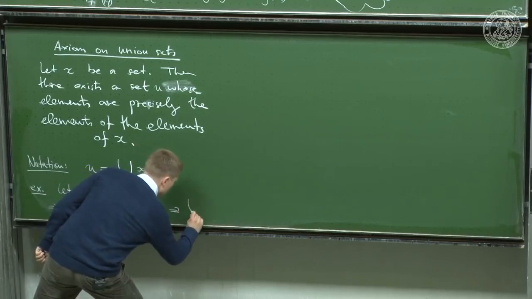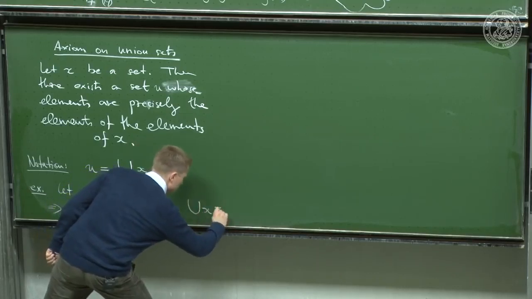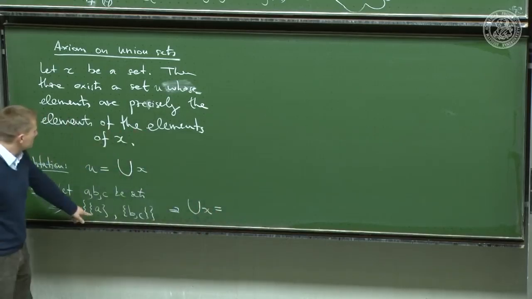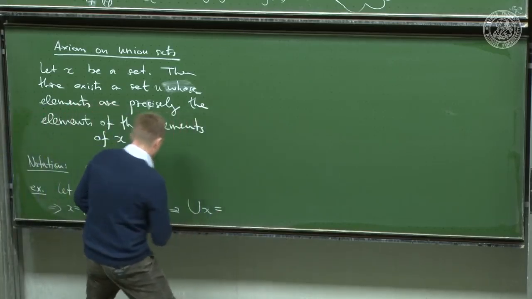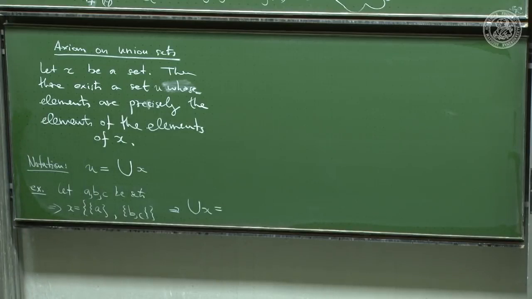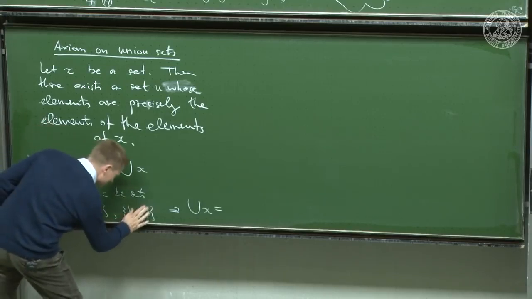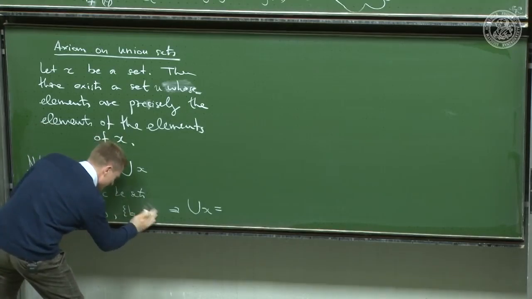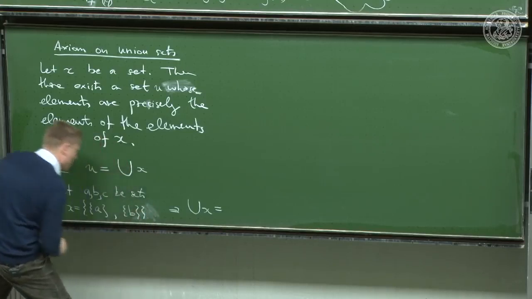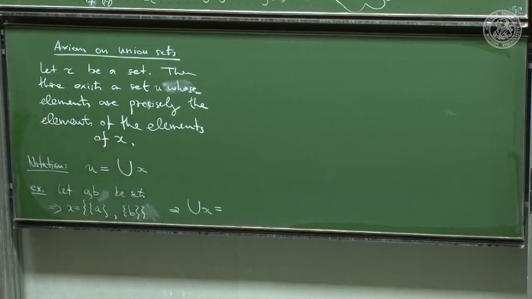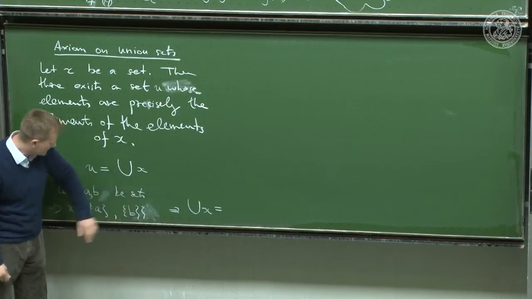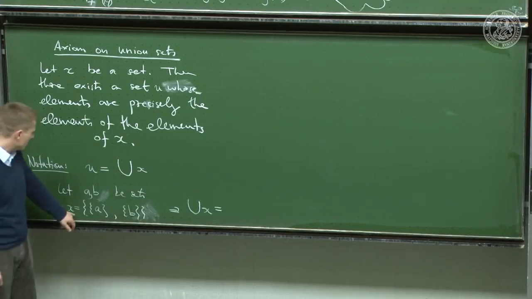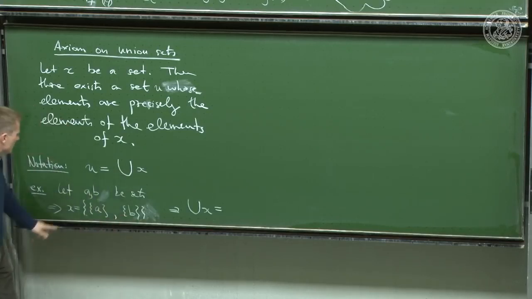What is the union of X? Well, the union of X contains all the elements precisely. Okay. Let's only use a one-element set here. The example is a little bit more elementary at this stage. Okay, A, B sets. This is a set. This is a set by union set axiom, pair set axiom. Again, pair set axiom. X is a set.